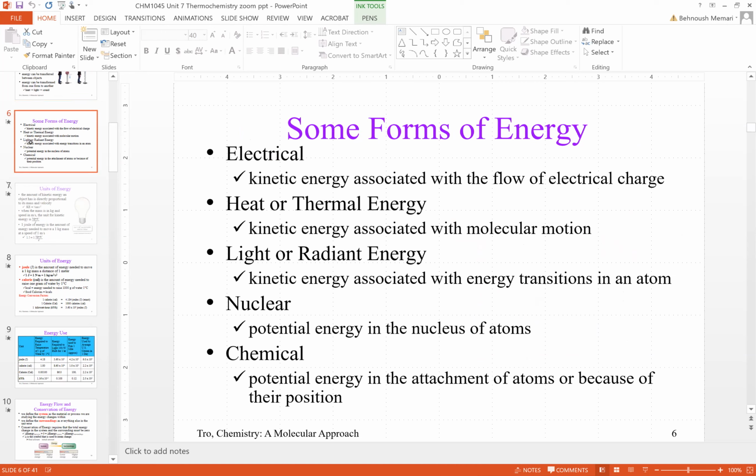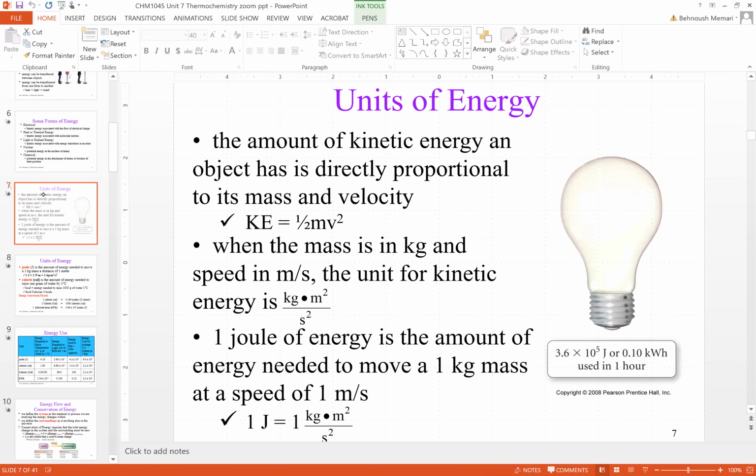We have some other forms of energy: electrical energy, heat energy, light, nuclear energy, chemical energy, just to know the different types.